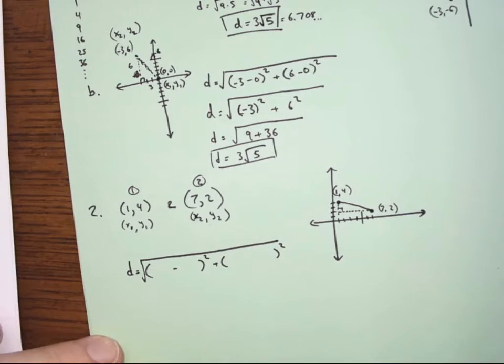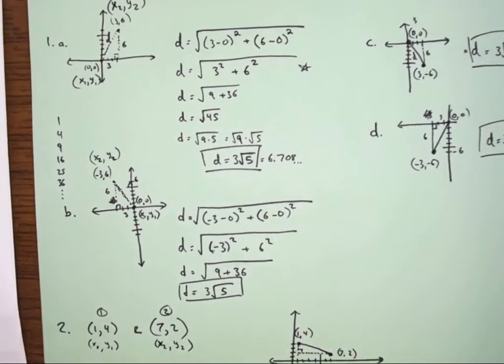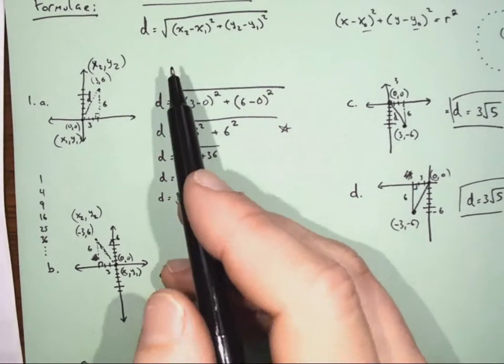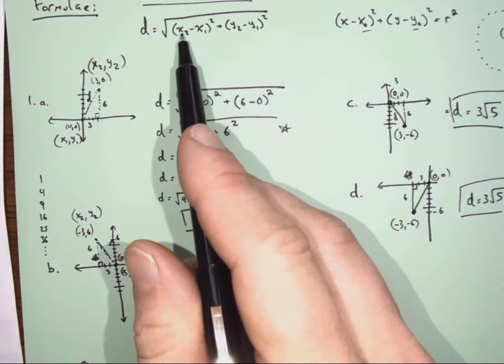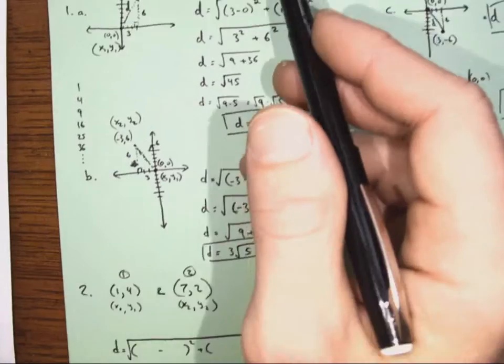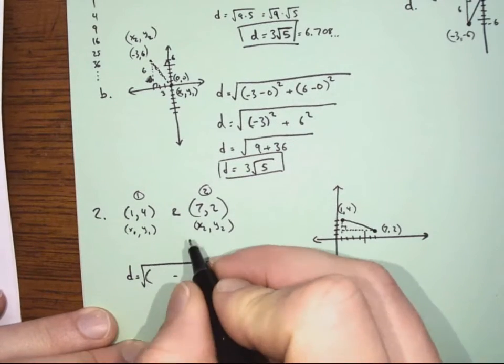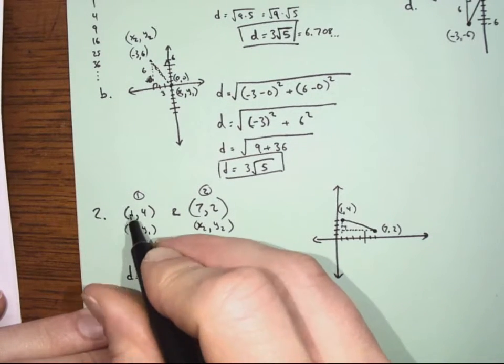Okay. So our formula says we're going to take x2 and put it in our formula, and we're going to take x1 away from it. So our x2 is 7, and we're going to take away our x1, which is 1.